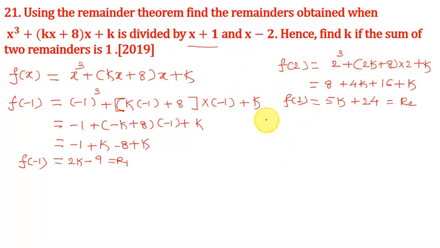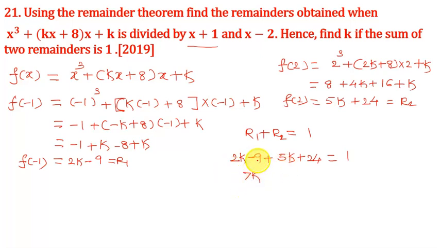Find k if the sum of remainders is 1. Means R1 plus R2 is equal to 1. This is R1, that is 2k minus 9, plus 5k plus 24 is equal to 1. 2k plus 5k is 7k.